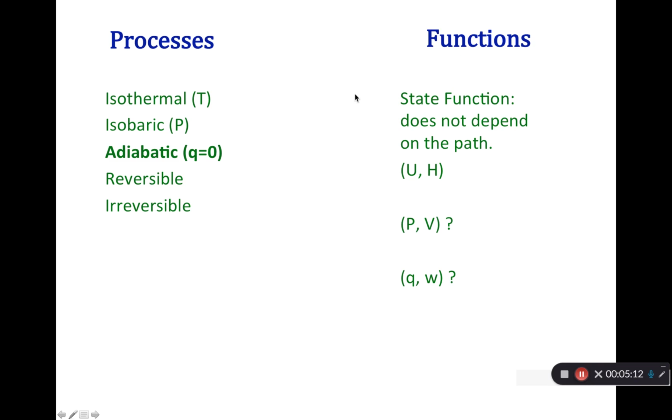We also defined state functions, functions which do not depend on the path, and these are internal energy and enthalpy. Heat and work are not state functions because they depend on how you go from state point 1 to state point 2.